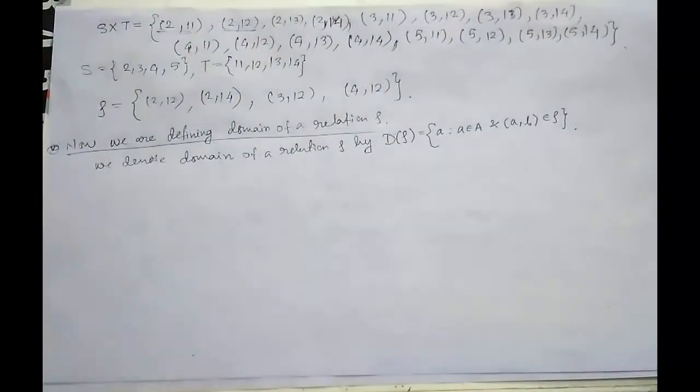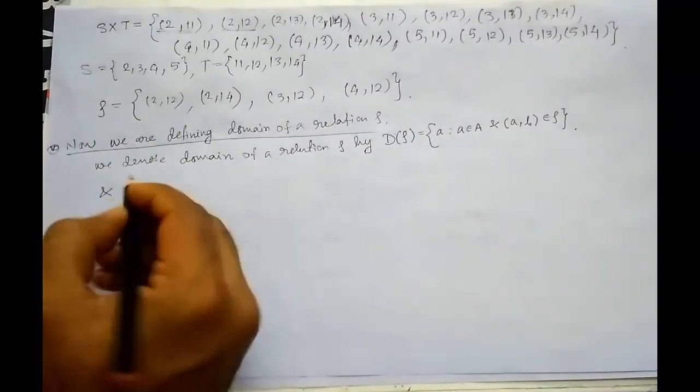The domain of the relation rho is nothing but the collection of first components of the ordered pairs which belong to rho.